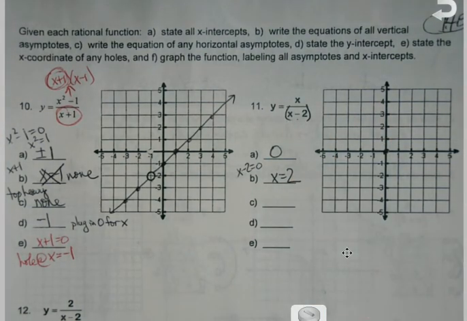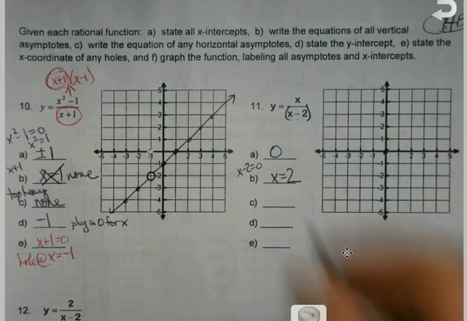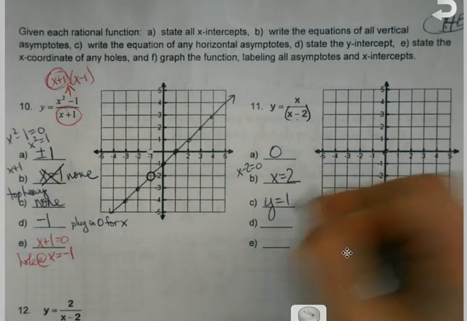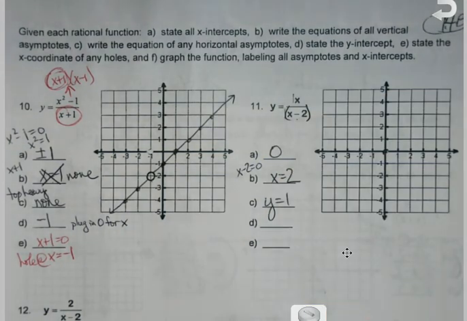So I'm going to add one at x equals 2. What about horizontal? Equal weight. So it's going to be at 1. Because they each have a coefficient of 1 sitting there. Good.